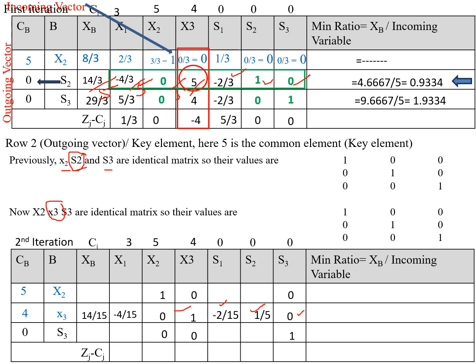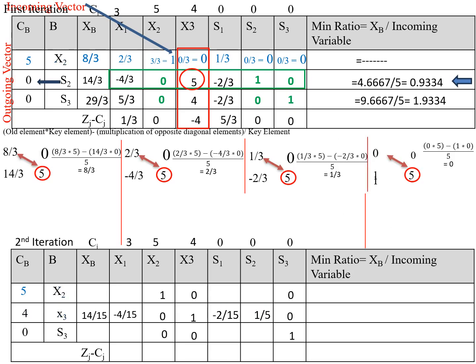We have to replace these values for x2, x3 and s3 to make an identity matrix. Then the remaining values we are modifying by using this formula: old element into key element minus multiplication of opposite diagonal elements, divided by key element.